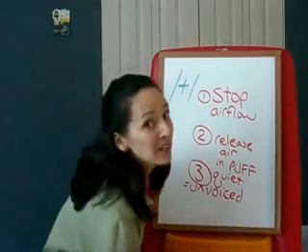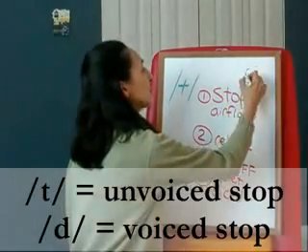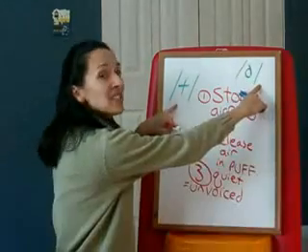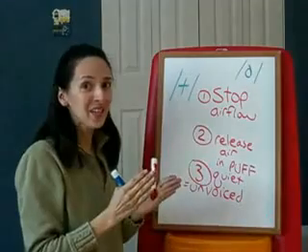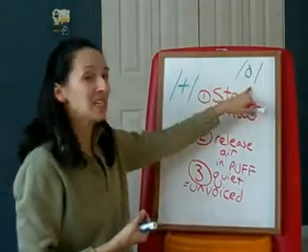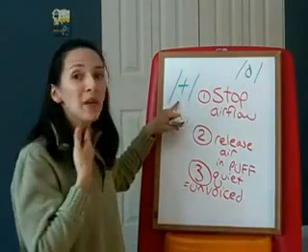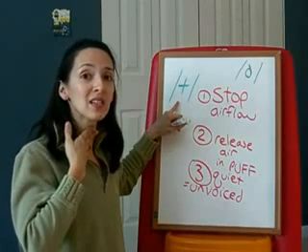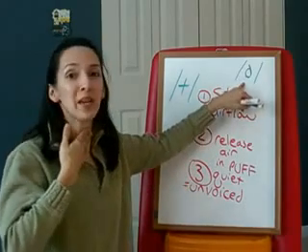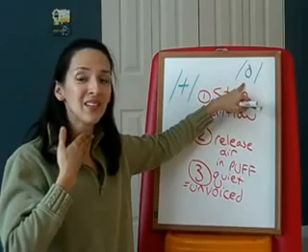You know you're doing it correctly if you can feel the difference between this and its voiced partner, D. These 2 consonant sounds are made basically the same way, but T is quiet, it's unvoiced, and D is voiced. So you'll feel no vibrations when you make the true T sound, t, t, t. And you will feel vibration when you make the D sound, d, d, d.